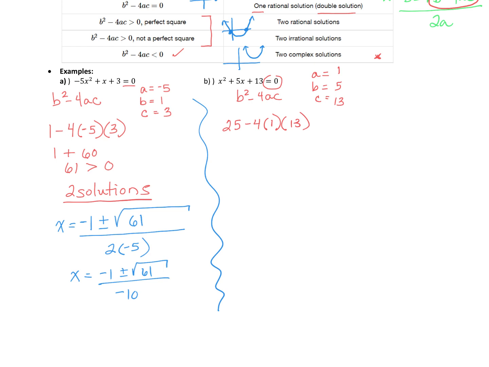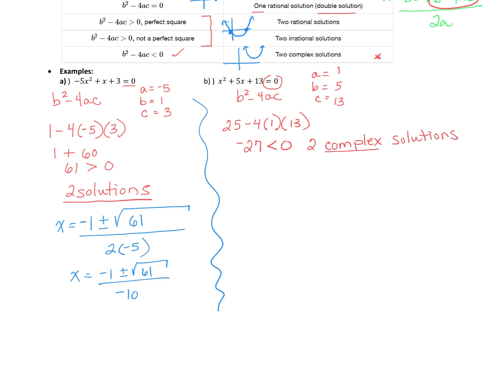Simplifying, we get negative 27, which of course is less than 0. So we're going to have two complex solutions. So solutions that are going to have that i in it.